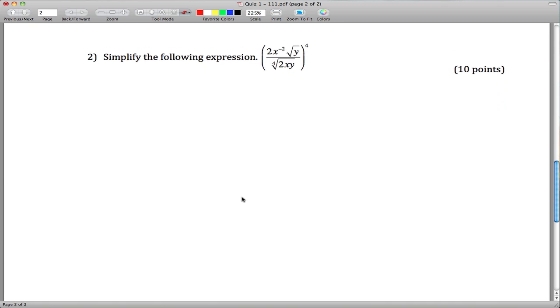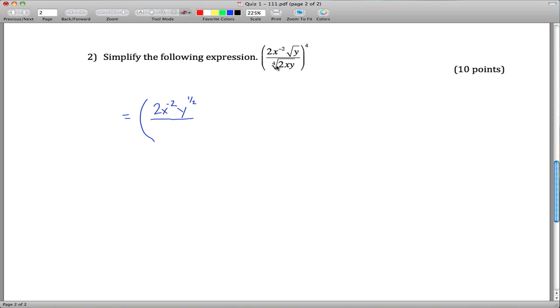Number 2. One of these, just a big mess. Basically it says simplify. So what we've got to do here is use all our different rules. I think the first thing I would do is get rid of this square root and this fourth root. And what I mean by get rid of is instead of thinking about this as the square root of y, we can think about it as y to the 1/2 power.